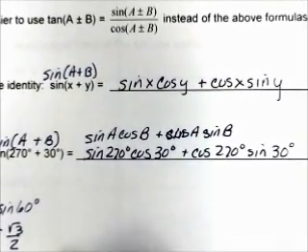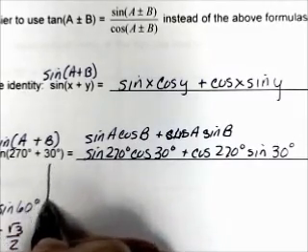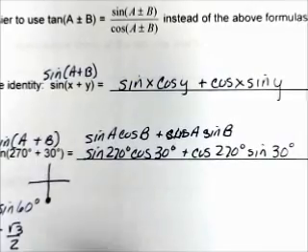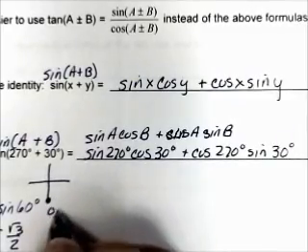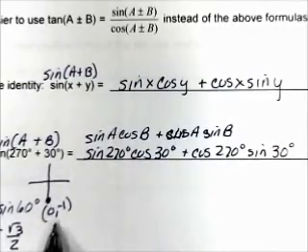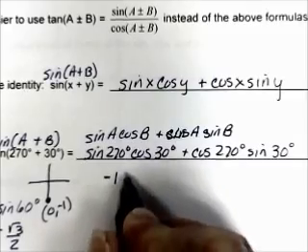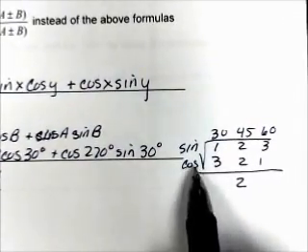Now, what's the sine of 270? 270 is a quadrantal angle, right? Coordinates 0, negative 1. Sine is the y value, so that would be negative 1. Cosine of 30, go over to our trig table, is square root of 3 over 2.